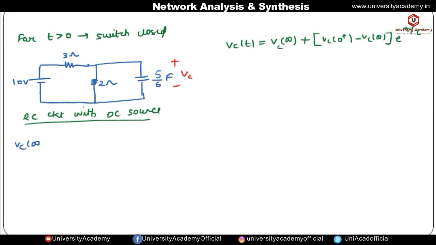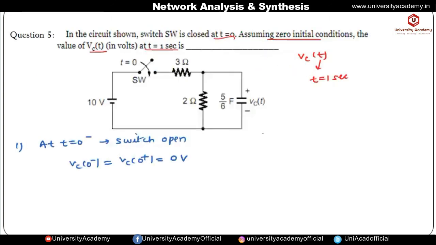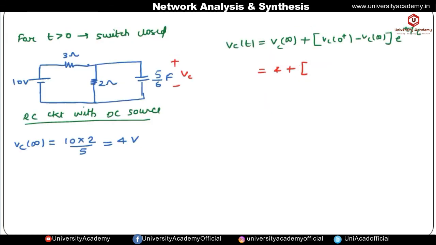So what is the value of Vc(infinity)? It will be the voltage across this 2 ohm, given by 10 into 2 by 5, which is equal to 4 volt. Vc(0 positive) was initially uncharged, so its value is 0, minus 4, into e to the power.